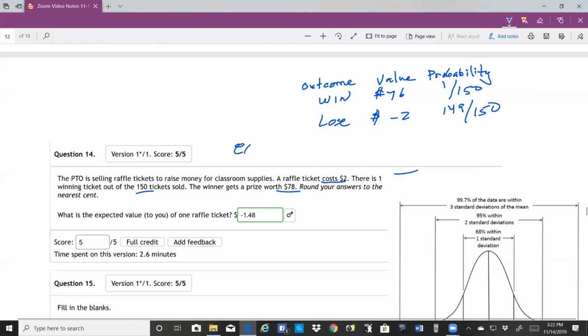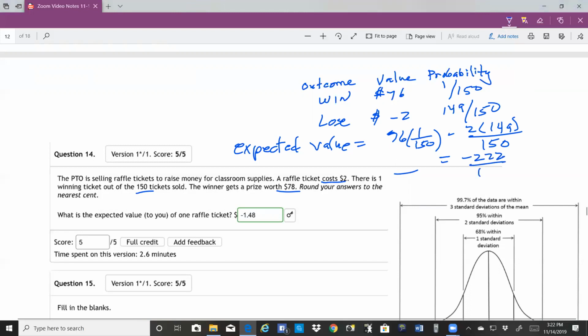And the expected value is equal to 76 times 1 over 150 minus 2 times 149 over 150, which is equal to minus 222 over 150, which is minus $1.48.